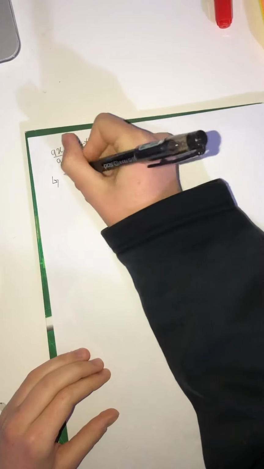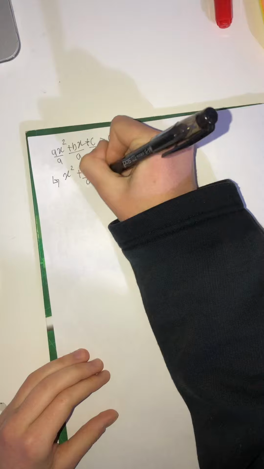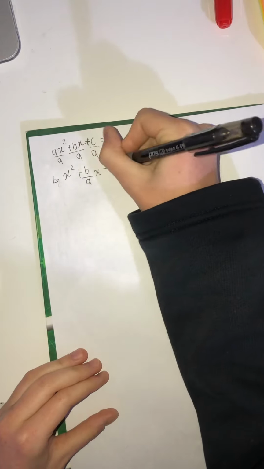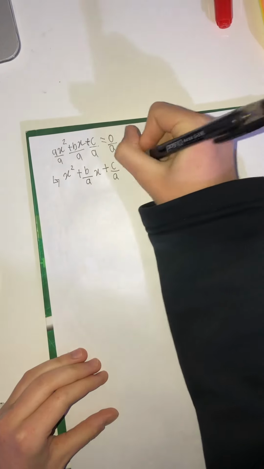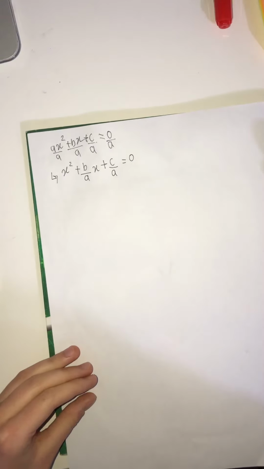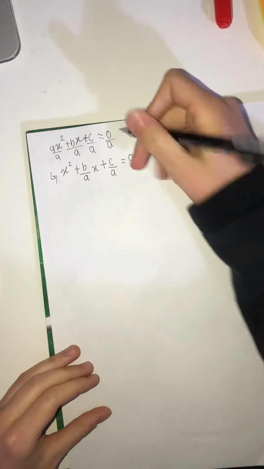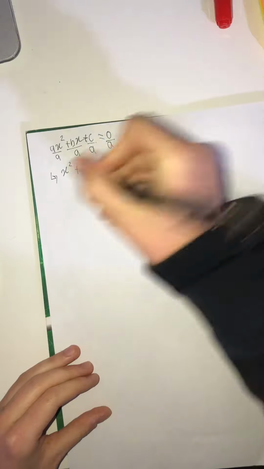That gives x² plus b over a x plus c over a equals 0. Zero over anything is 0. And we have to take the constant to the other side.